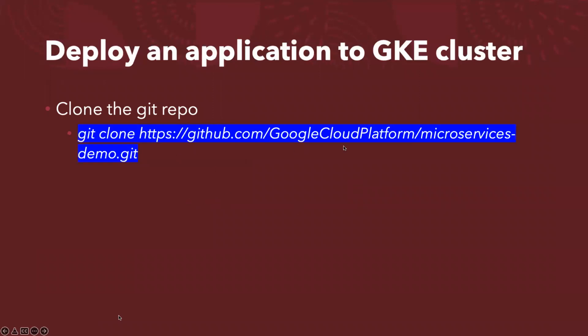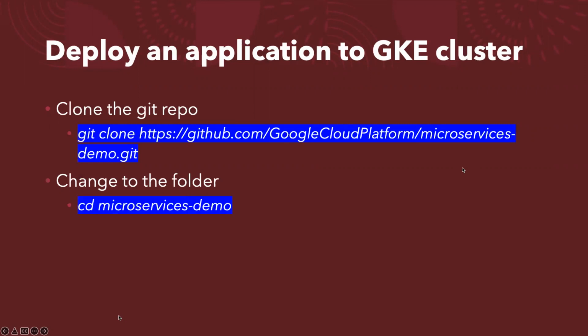So git clone from the Google Cloud Platform GitHub repository, microservices-demo. Then I change to the directory, basically you just cd microservices-demo. After that, you run the command to create the application.